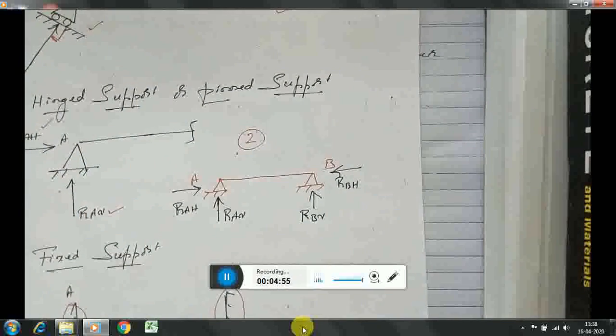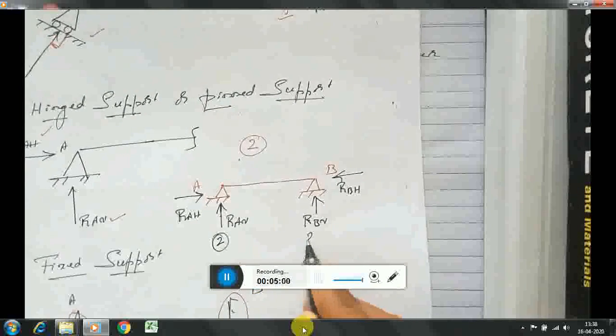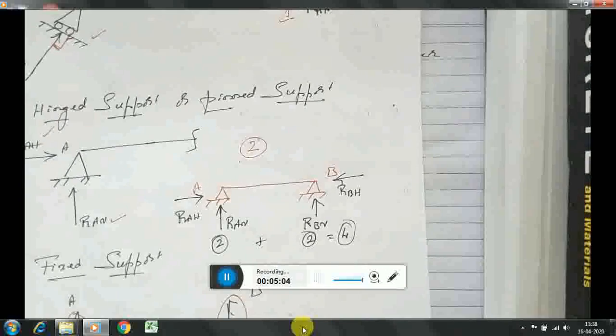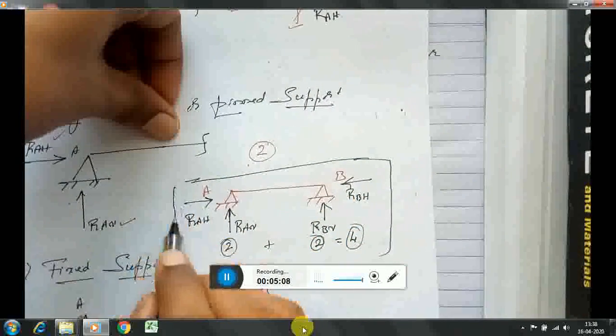So it has 2 plus 2, four reactions, for this particular example.